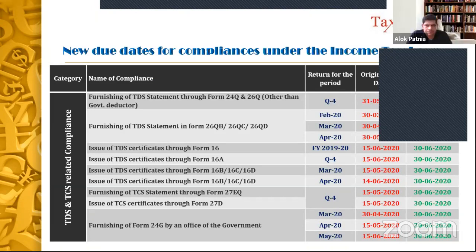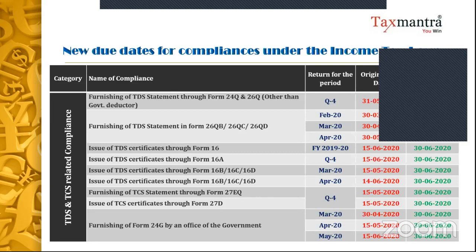Now coming to the TCS statement filing. TCS filing for the quarter Q4 and the TCS certificate for the Q4 period were both due on 15th of May. Now it has also been extended to the 30th June.